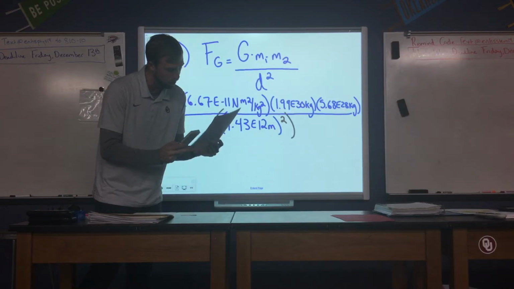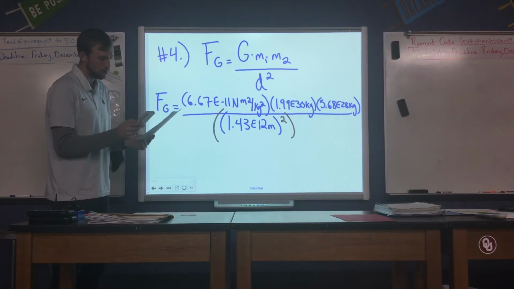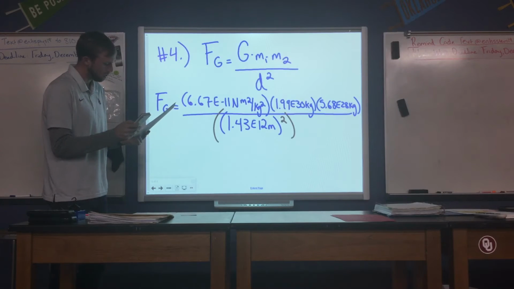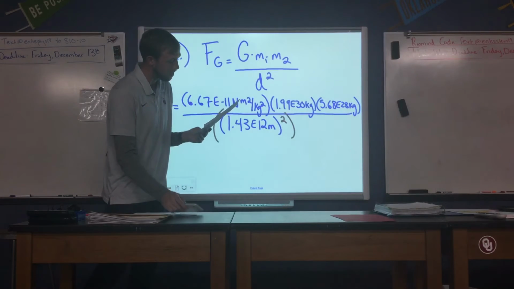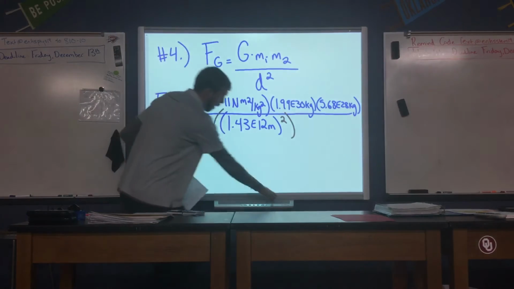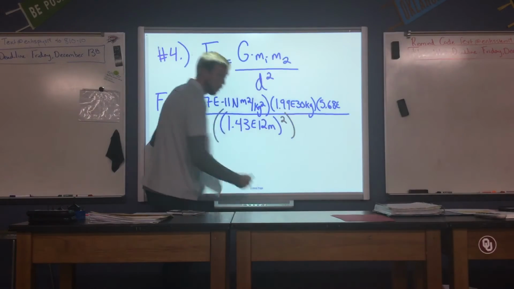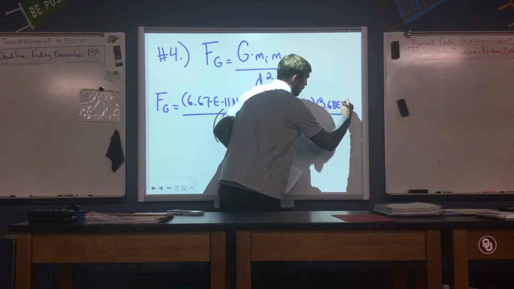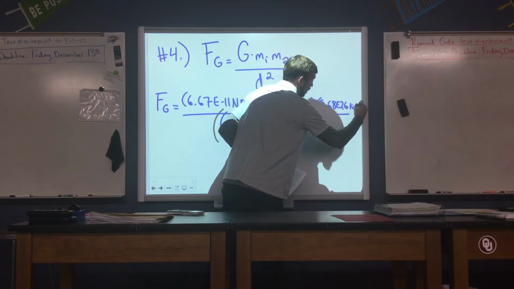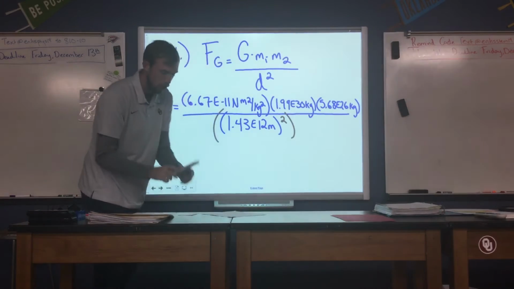I'll double check that with what we have here. 6.67, even the negative, good, 1.99, 5.68 times 10 to the, and you'll notice I made a mistake here. The mass that we are given for Saturn is actually 5.68 times 10 to the 26th kilograms. Again, very easy to make a mistake. I'm often prone to doing that myself if I read through something a little bit too quickly. This should be 5.68 times 10 to the 26th kilograms. I was getting a value a little bit higher than I thought I should have, so I'll go ahead and change this just quickly.